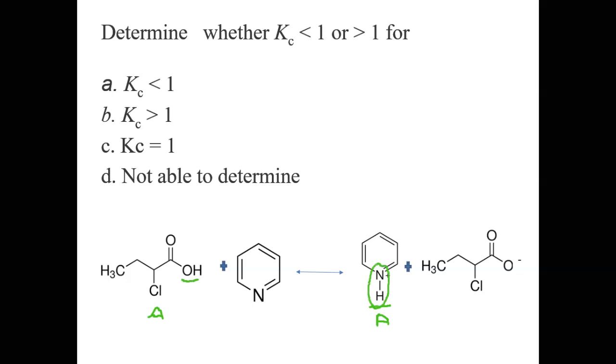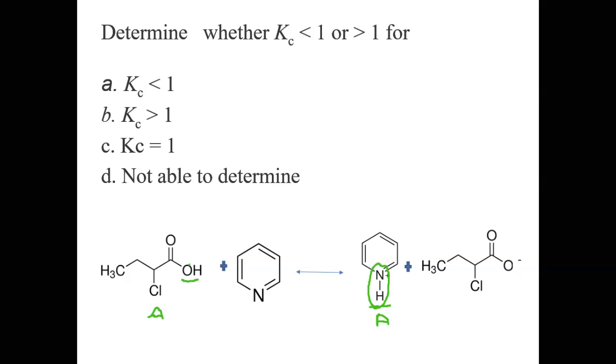Since oxygen and nitrogen are on the same period of the periodic table, the one that's more electronegative will tell you which one is the stronger acid. So again, when you're comparing the atom that's directly attached to the acidic proton, and they're both on the same period of the periodic table, you look at which one has the greater electronegativity.